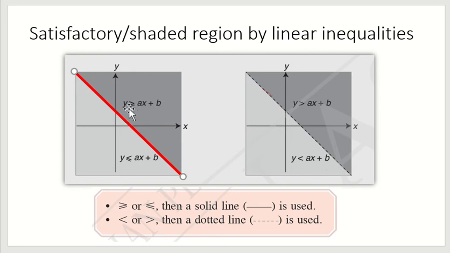If the question says bigger, then I will move up. The region you move up to is the bigger. When it's smaller, I will move down like this. Then this one also, bigger, move up. Smaller, move down.